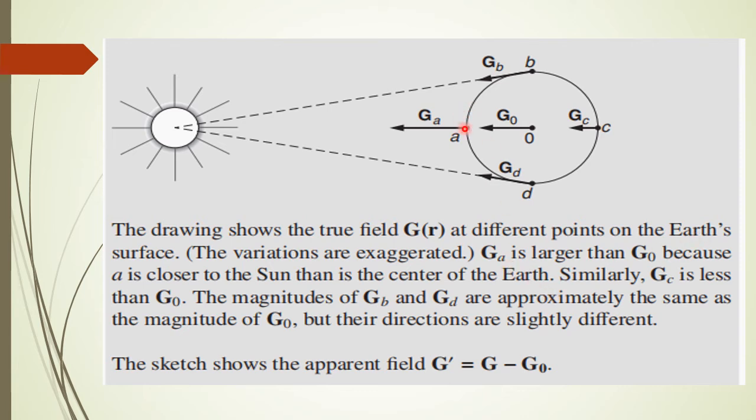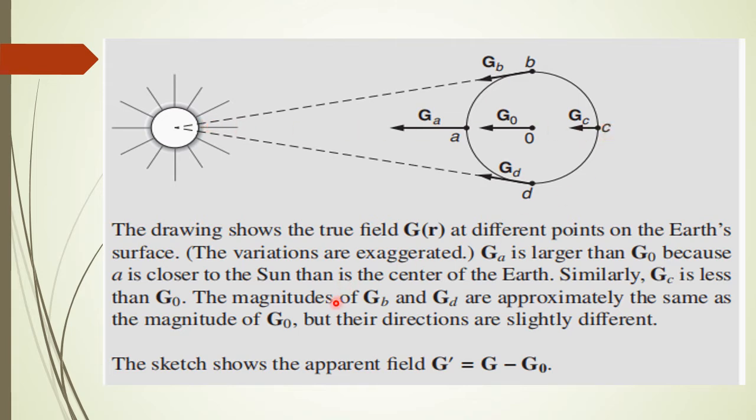At this point, this is the direction of GA. This GA will be greater than G0 since the distance is shorter. The vectors drawn here represent the magnitude of the value. So GA is greater than G0 and GC is less than G0 since the distance is longer.